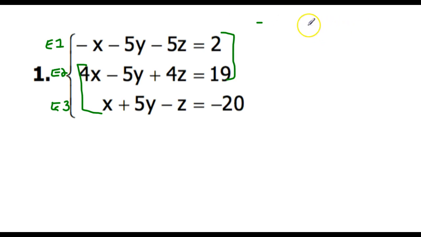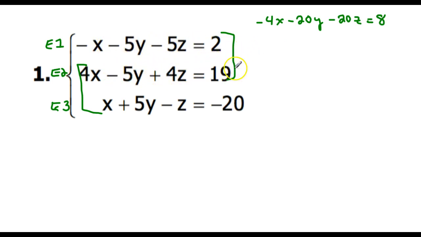Negative 4x minus 20y minus 20z is equal to 8. So I just multiplied everything right here by positive 4.